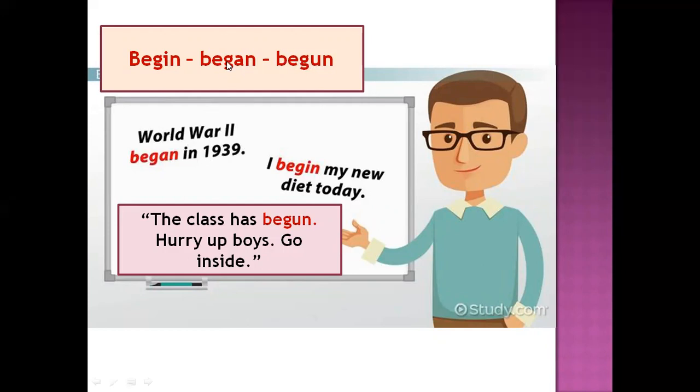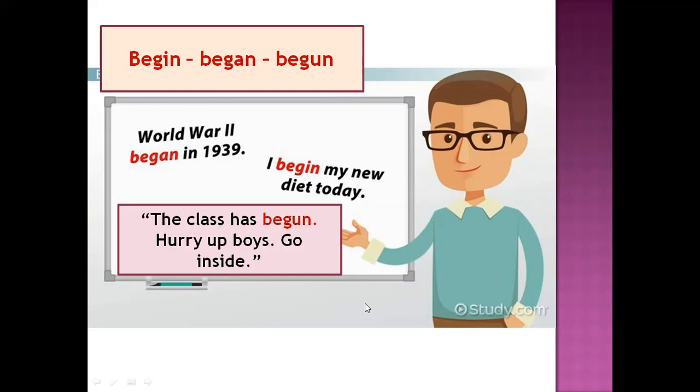So, we have used the past form, began. Next one. I begin my new diet today. Present action. And this word begin describes what this subject is going to do. Next one. The class has begun. Hurry up, boys, go inside.